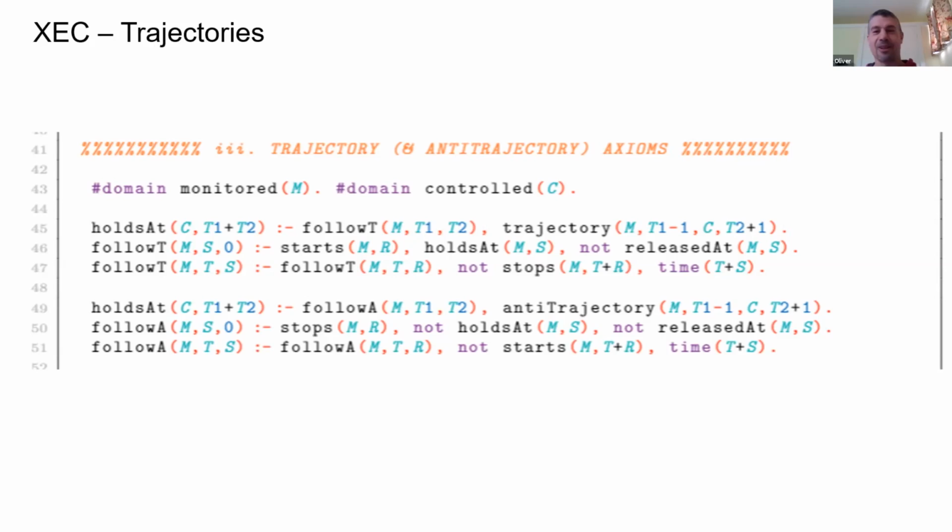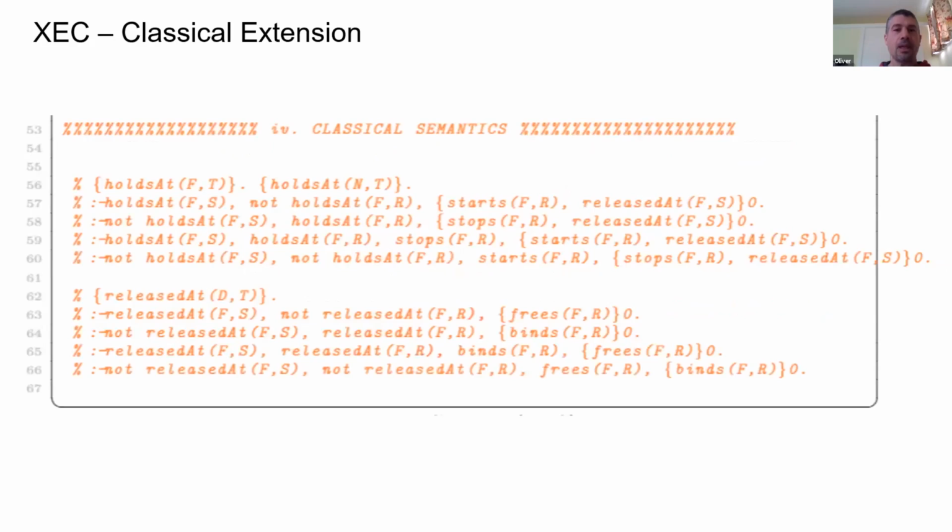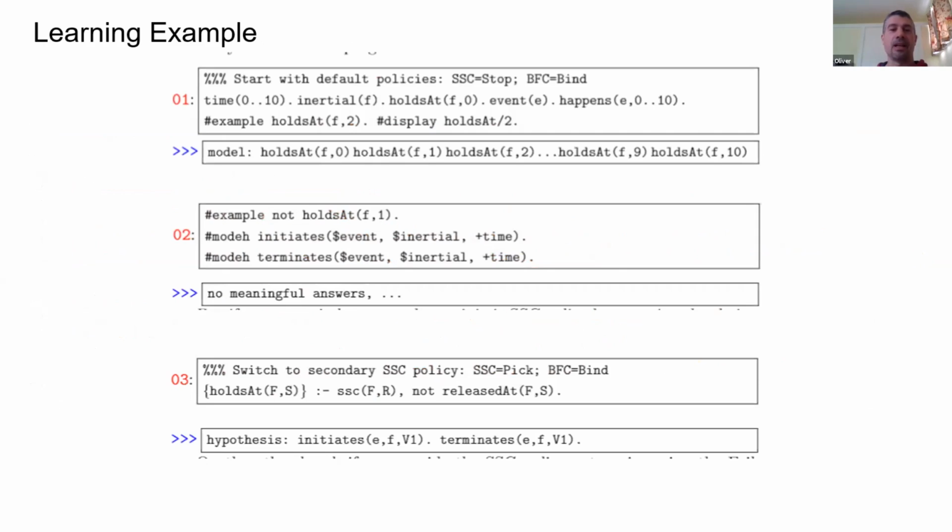I've got about a minute to go according to my timer. So this could really help you with efficiency, I think. The other thing is XEC is a native answer set program. I wrote it as an answer set program, so it has a logic programming semantics, but to simulate some of the more classical benchmarks and systems for processing event calculus, there are extra integrity constraints and choice literals that we can add if we want to simulate the classical semantics.